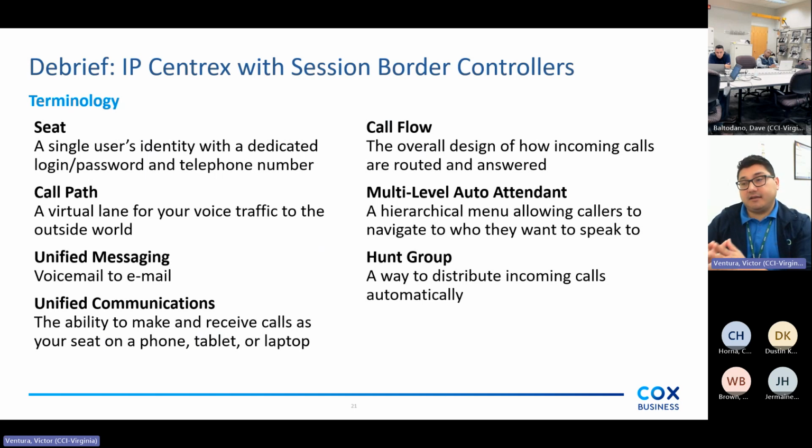Or they can have it that they call the auto attendant first, but then if the customer doesn't answer, the calls go to voicemail. That could be the hunt. So your call flow is the overall design. The auto attendant or the hunt group is how calls are routed into different groups.